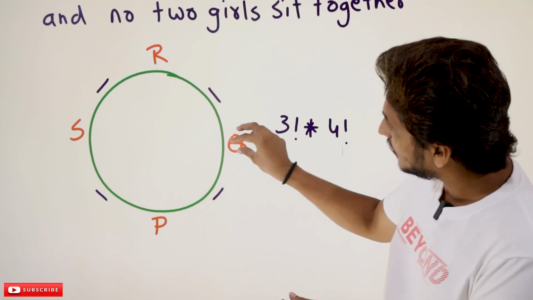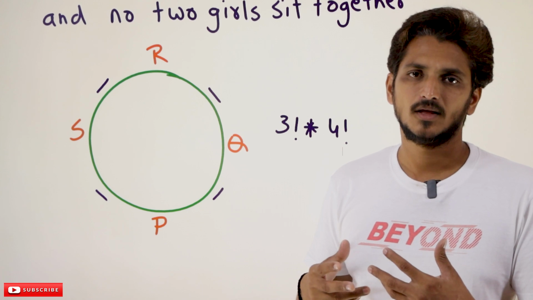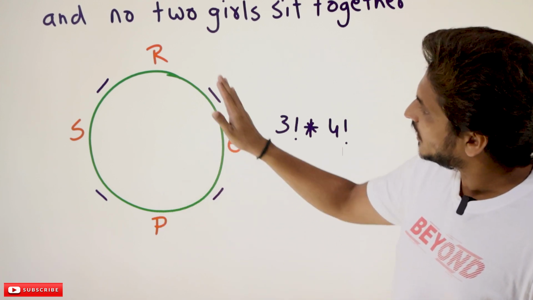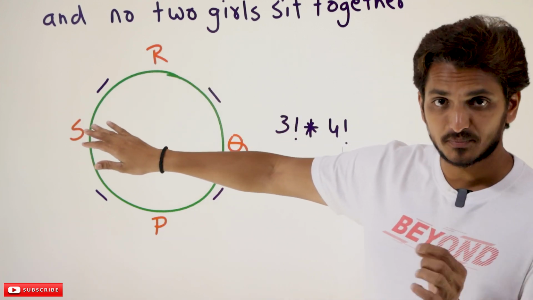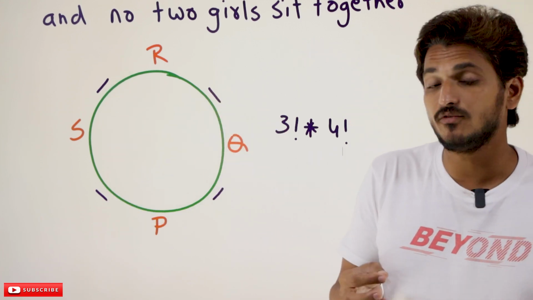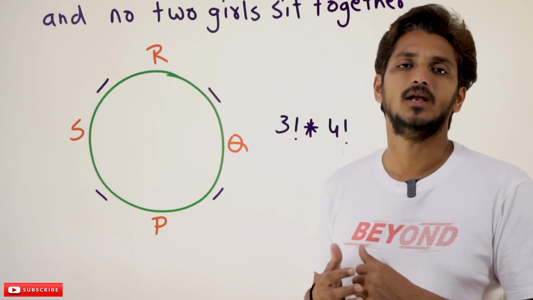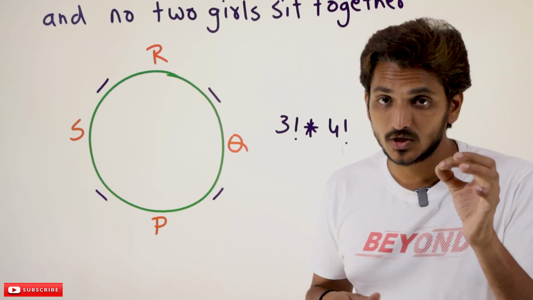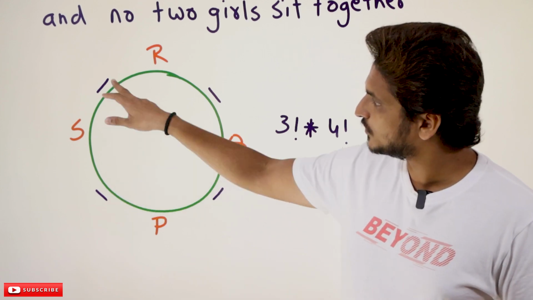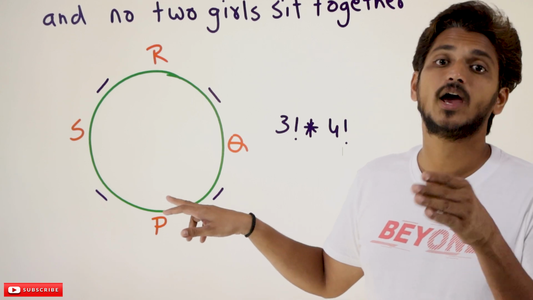P, Q, R, S is one of the patterns. If you place boys in circular fashion, the 4 gaps between them can be filled with the 4 girls, T, U, V, W. The 4 positions can be filled with 4 girls in 4 factorial ways.